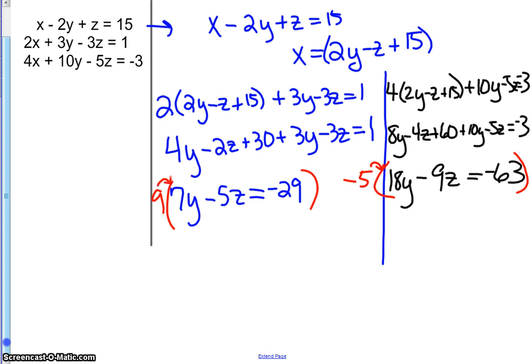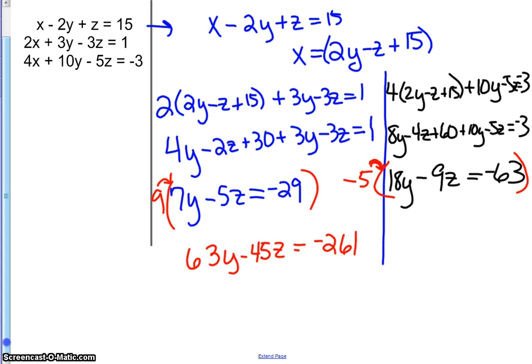I did that because my goal is to have the z's cancel out, be eliminated. So first I'll do the 9's here. I'm going to get 63y minus 45z equals 29 times 9, which is 261, equals negative 261.